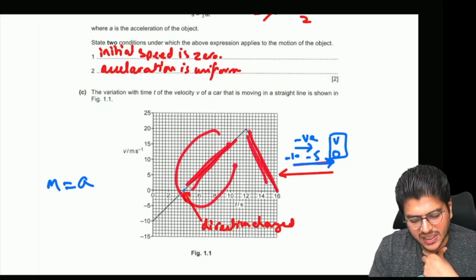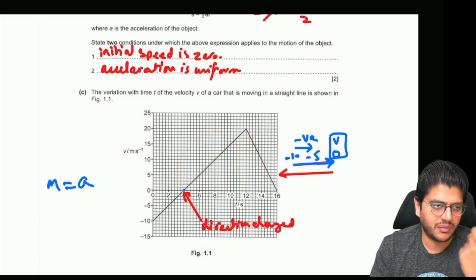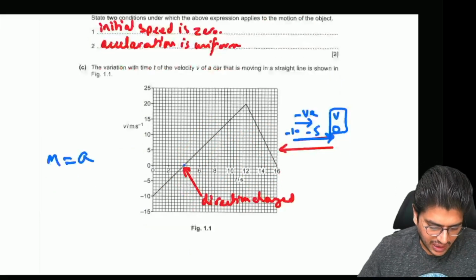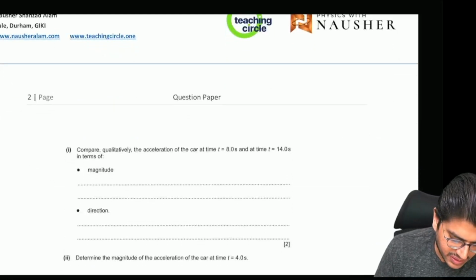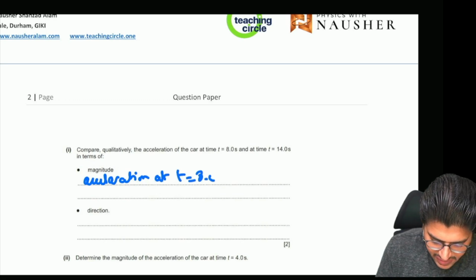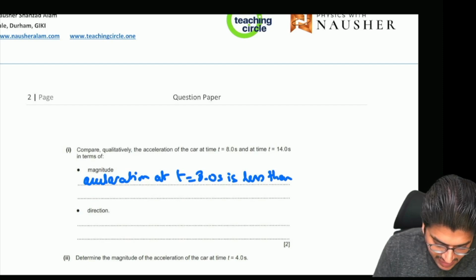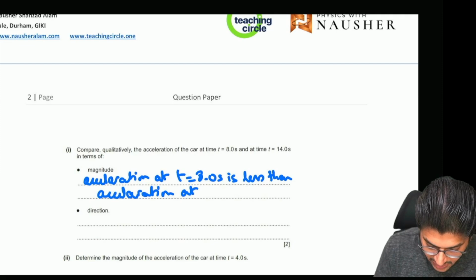So that means that the acceleration over here is less and the acceleration over here is more. So they ask you to compare the magnitudes. You will say that the acceleration at t equals 8 seconds is less than the acceleration at t equals 14 seconds.